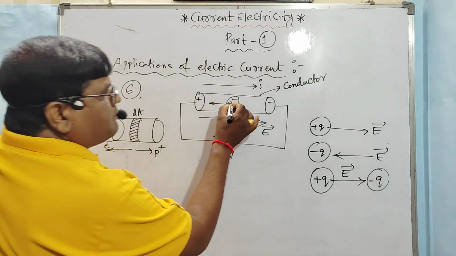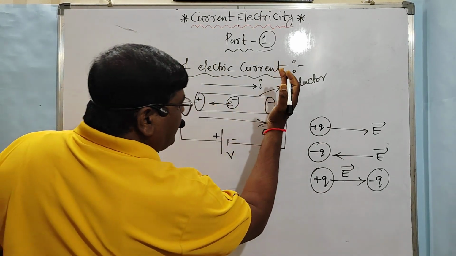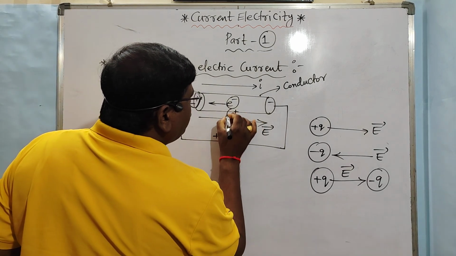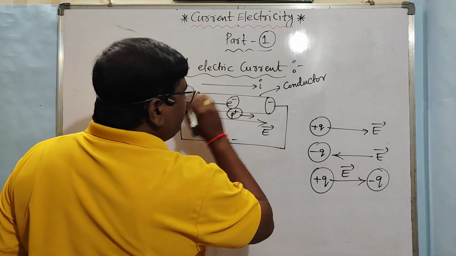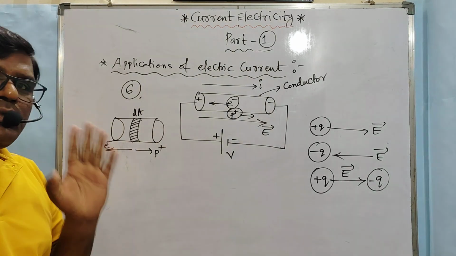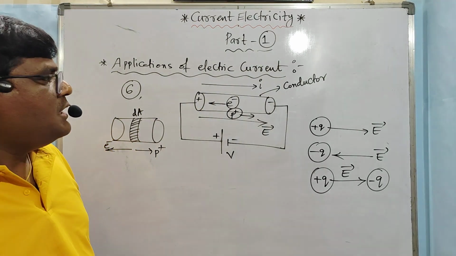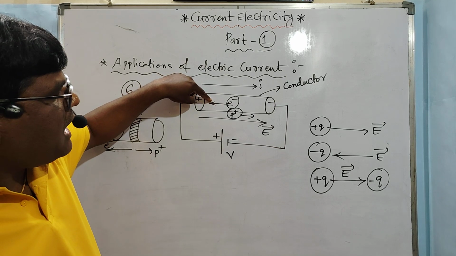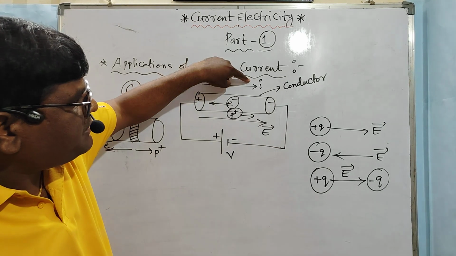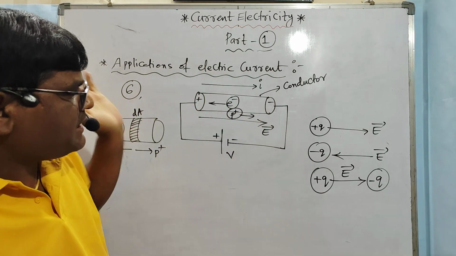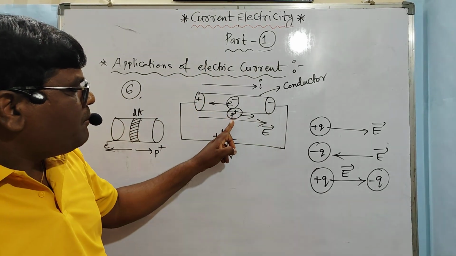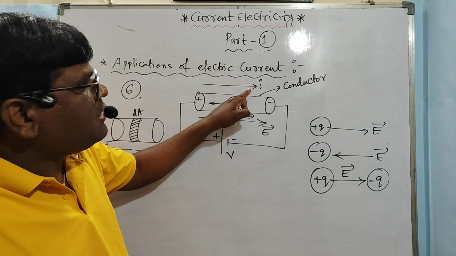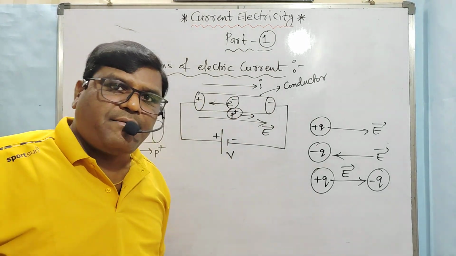Electrons move from right to left, and protons move from left to right. Electron motion is opposite to the direction of the current as well as the electric field, but the direction of the protons is along the direction of the electric current and electric field.